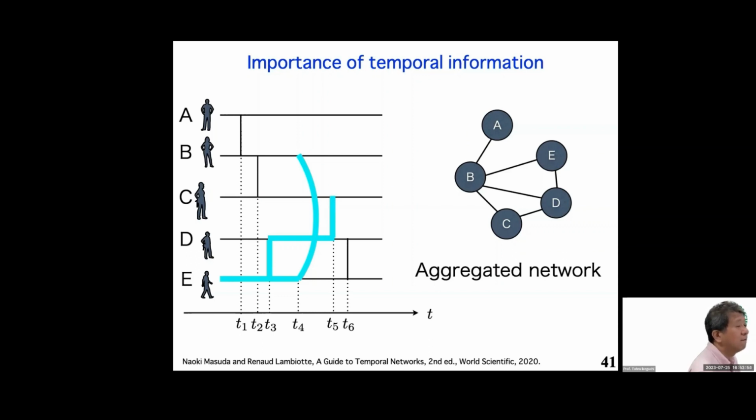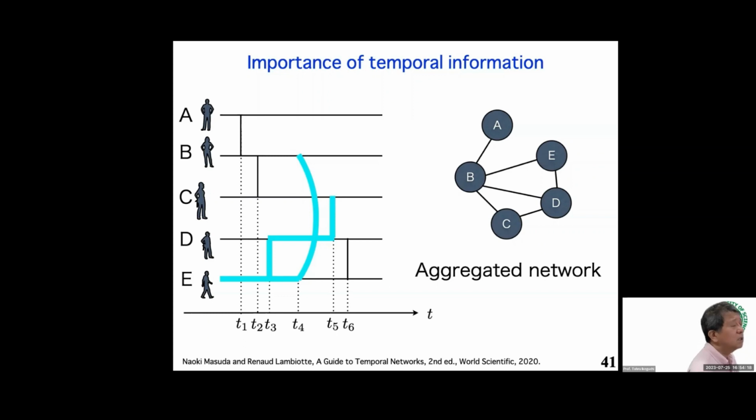In this network, vertex B plays the role of a hub. In this aggregated network, all vertices are connected through vertex B, so any information can be transmitted to all vertices.